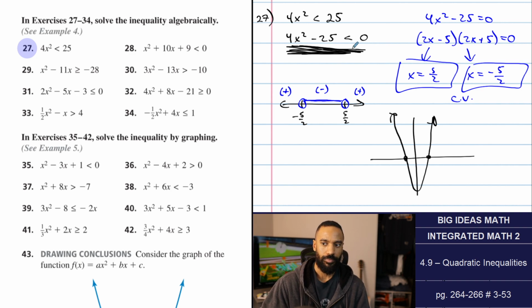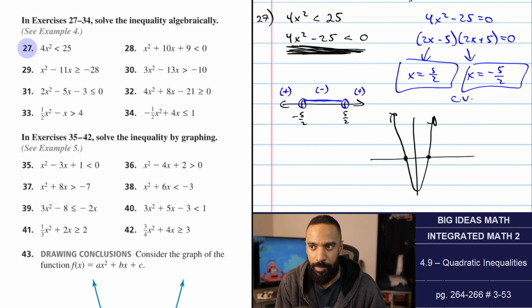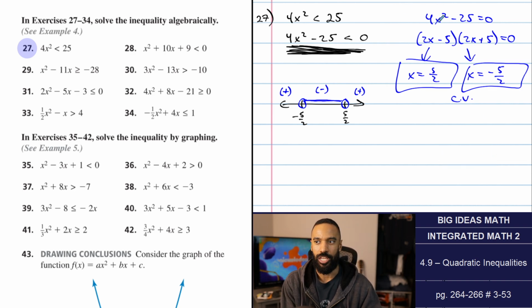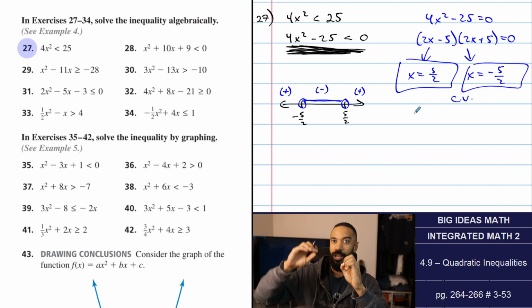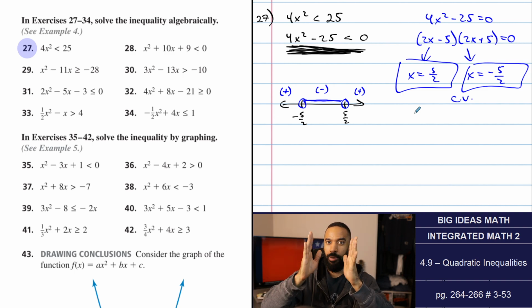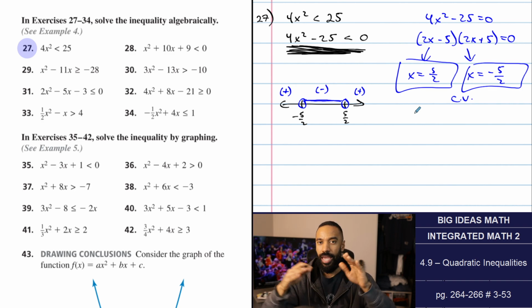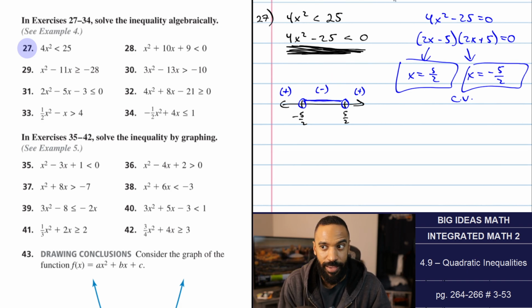You don't need to draw the graph, but you want to understand the graph. The easiest thing to understand about quadratics is if they have intercepts and you have a positive stretch factor, you're going to be negative in between and positive outside of. If it's upside down, you're going to be positive in between and negative outside of.